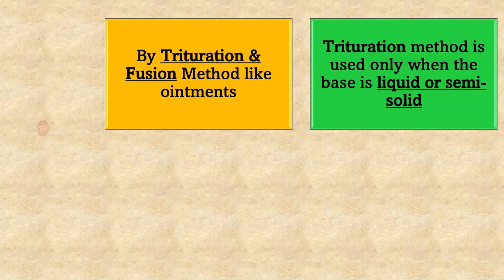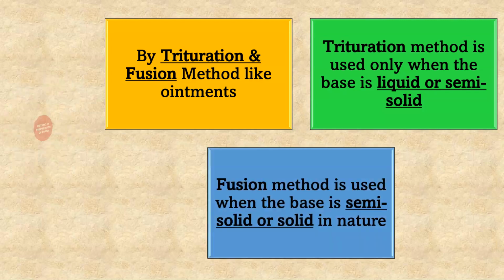You should keep one thing in mind: the trituration method is used only when the base that you are using is liquid or semi-solid. When the base is solid in nature, then the fusion method is used. So this was about the method of preparation of paste.